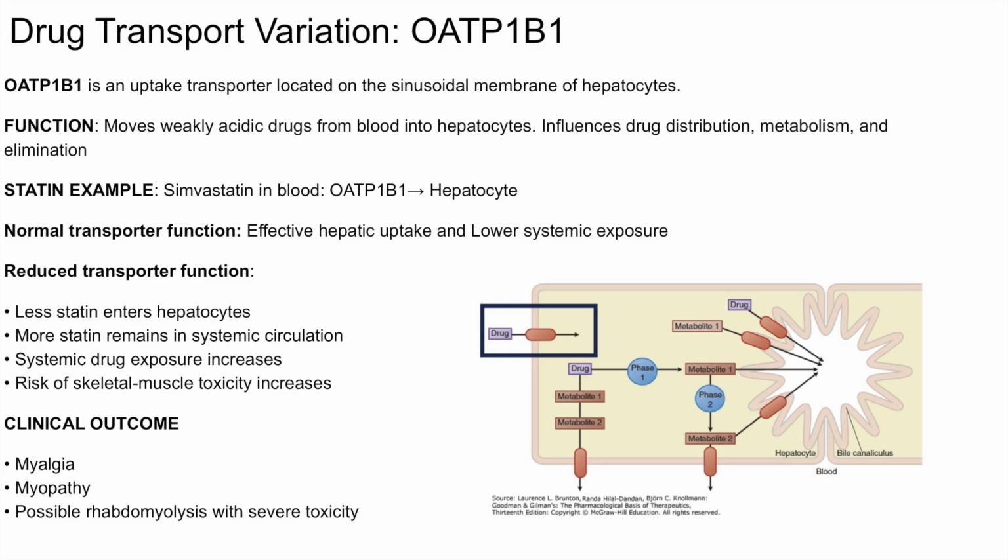Increased exposure of skeletal muscle can cause myalgia or myopathy, and in severe cases, rhabdomyolysis. This association is particularly important for simvastatin, and so transporter genetics can affect drug toxicity is the big takeaway here. So even when the metabolic enzymes themselves function normally, right, transporter genetics are important.